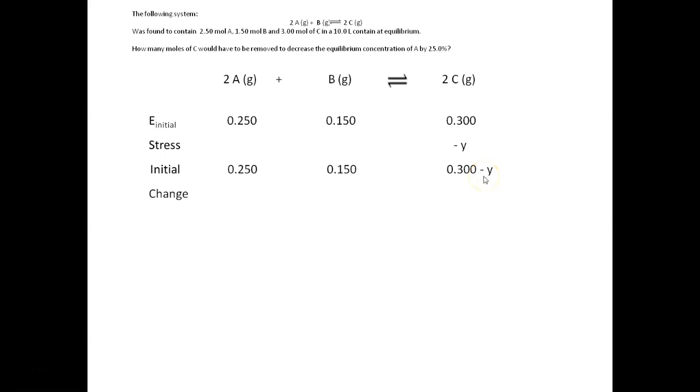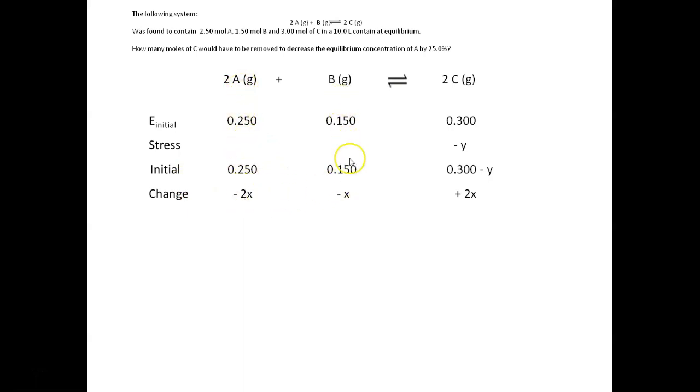So now we're going to change, and we know based on Le Chatelier's principle it's going to shift in the forward direction to produce some C. So I'll gain here, and when it shifts in the forward direction to produce some C, it's going to consume A and B, and I'm going to decrease here. So I have a minus change here, and when I'm doing my change in my ICE table, that's when I worry about my coefficient.